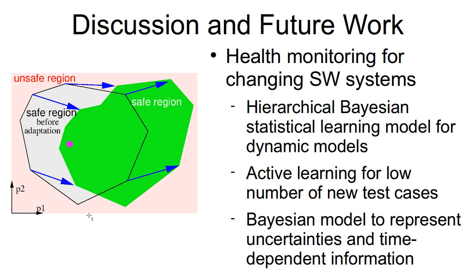And we are also using our Bayesian model to be able to represent uncertainties coming in through potentially uncertain inputs, sensors, potentially failures inside a big software system, and also to deal with time-dependent information and time series information.